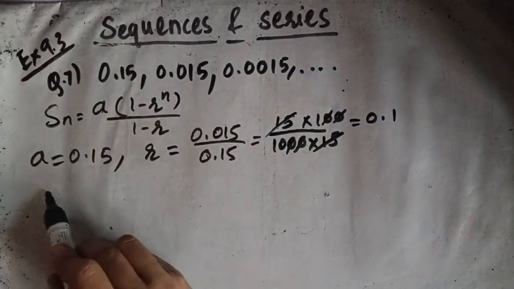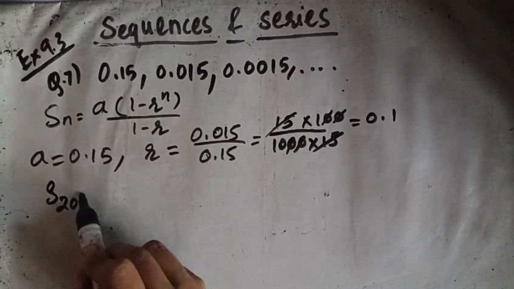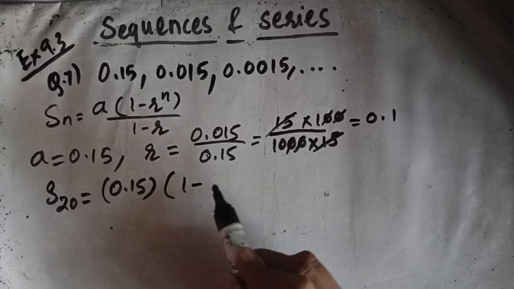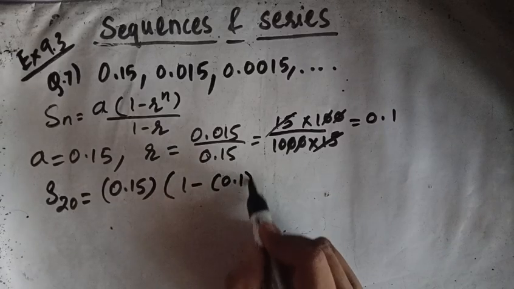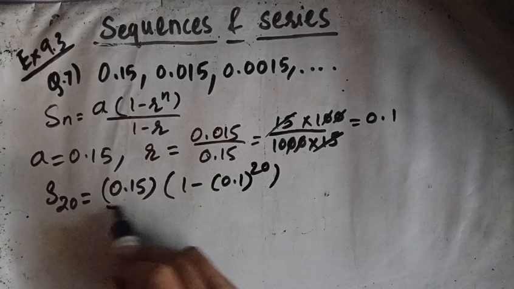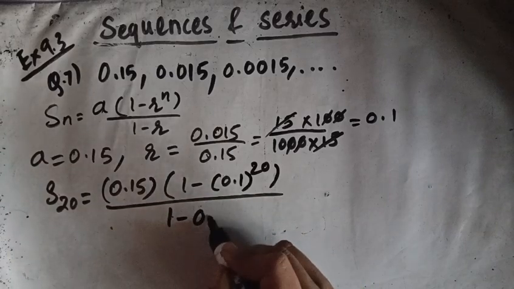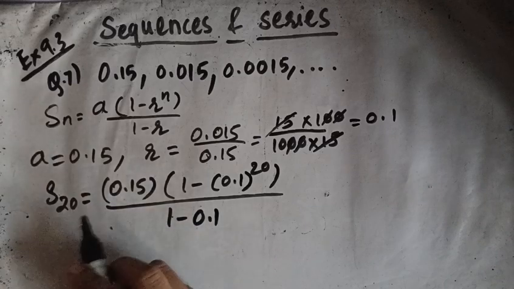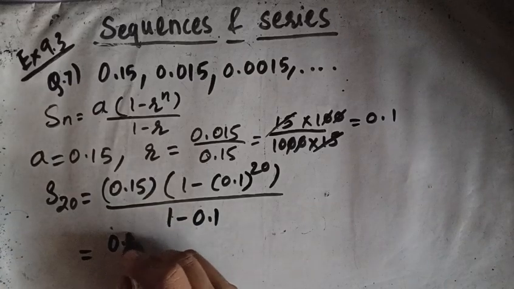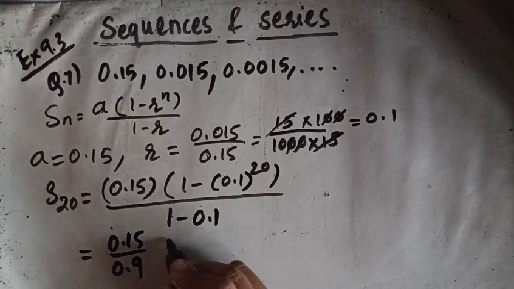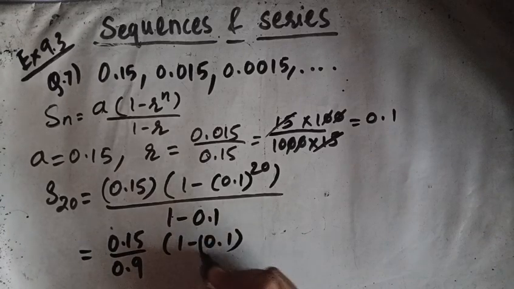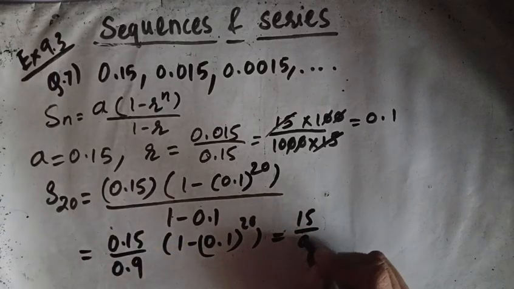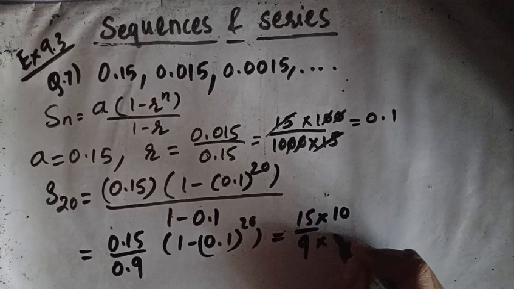Okay. So Sn, that is S20, is A into 1 minus 0.1 raised to 20 upon 1 minus 0.1. 1 minus 0.1 is 0.9, so we can write this as 15 upon 0.9, and this we can keep as it is. So removing the decimals, you will get 15 upon 9 into 10 upon 100.